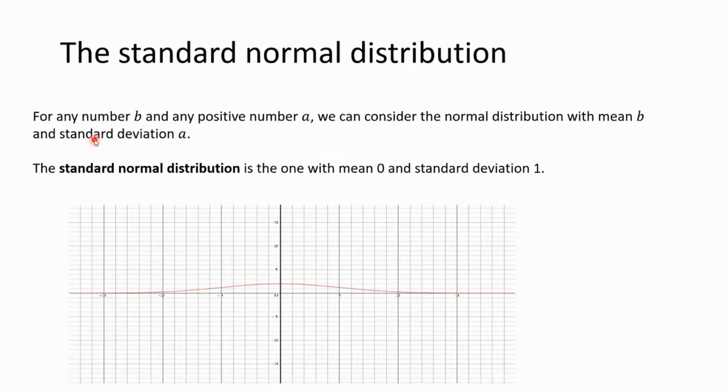We saw from Desmos, and also from last time, that for any number b and any positive number a, you can consider a normal distribution whose mean is b and whose standard deviation is a.